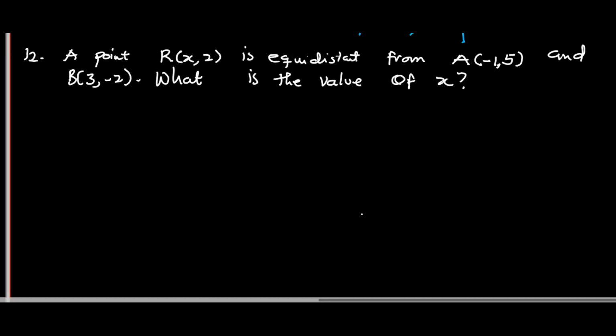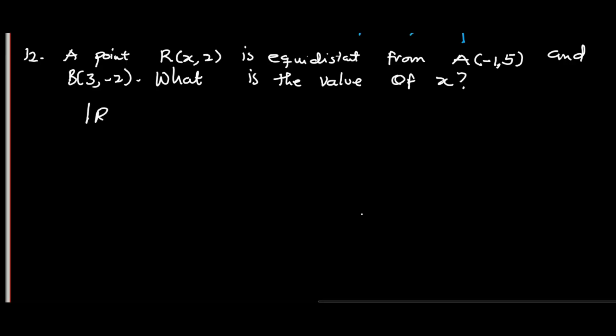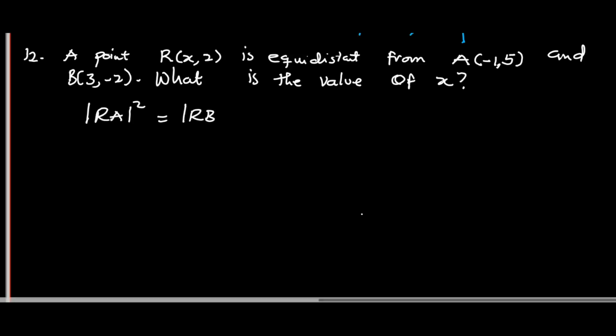So what it means is that the distance from point R to A is the same as from point R to B. That is equidistant. They are equal distance. So in that case, we can say that the distance between RA is equal to the distance between RB.